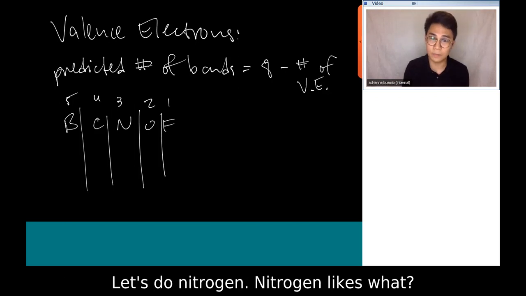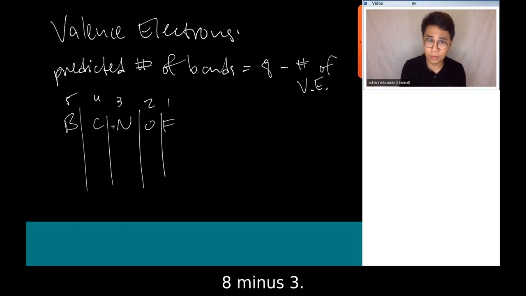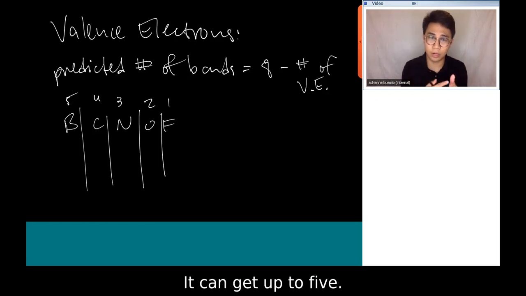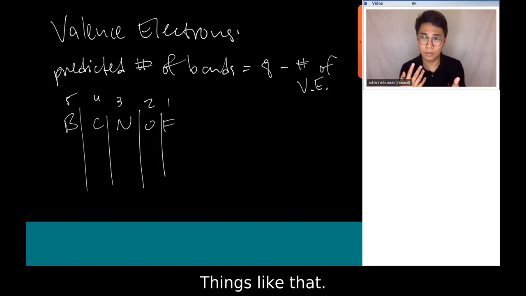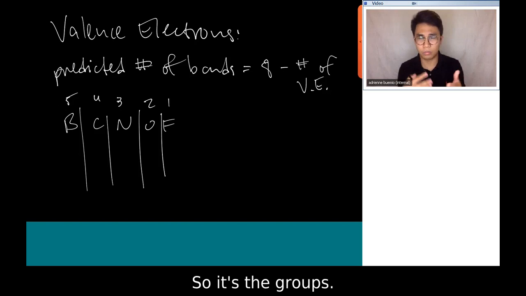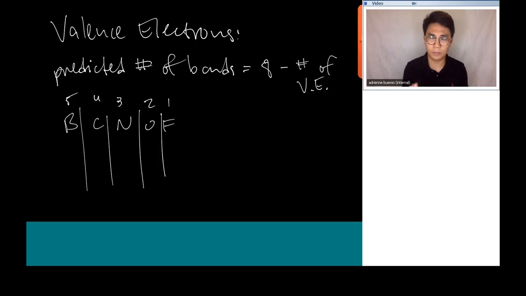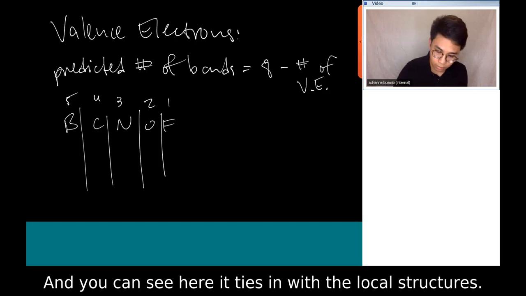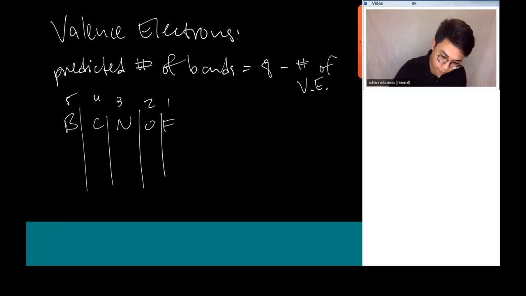Let's do nitrogen. Nitrogen likes 8 minus 3, the predicted number of bonds, though it can get up to 5, things like that. It's kind of the groups, and also how many valence electrons are around it. You can see here it ties in with the Lewis structures.